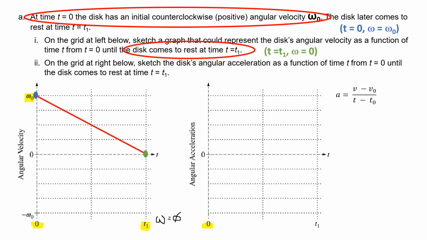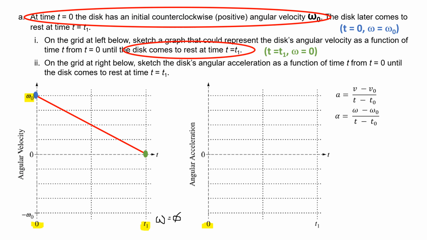Now for the second one, angular acceleration. If we check your reference sheet, acceleration is simply the change in velocity over the change in time. But we're not talking about linear motion this time; it's rotational motion. So all we have to do is change a into alpha and velocity v into omega.